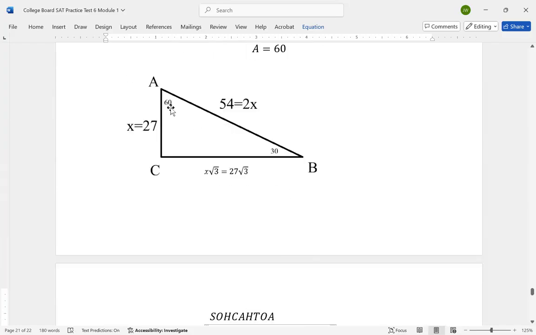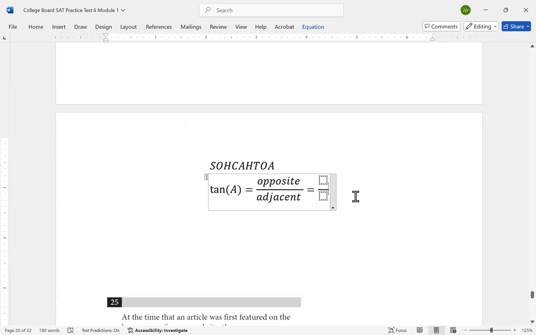Opposite over adjacent. So opposite of angle A is the side with length 27 times root 3. The side adjacent to angle A is length 27. The hypotenuse is also, but we're talking about the leg adjacent to A. So we get 27 root 3 divided by 27.